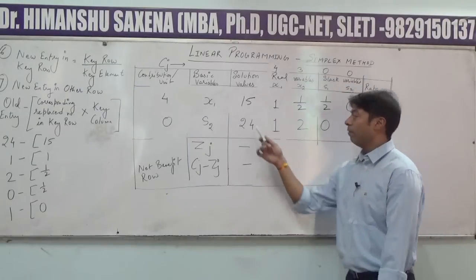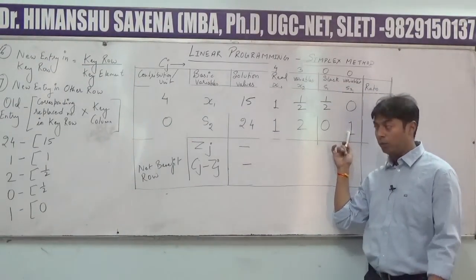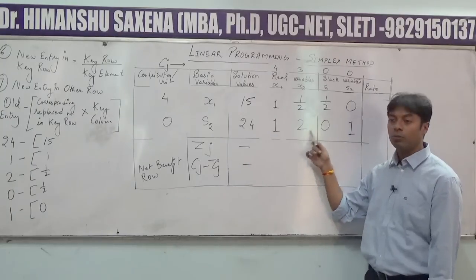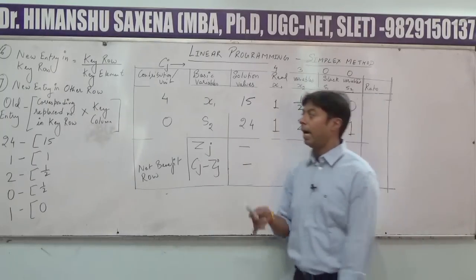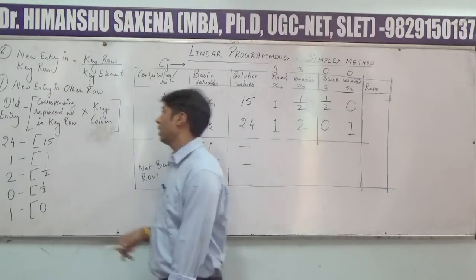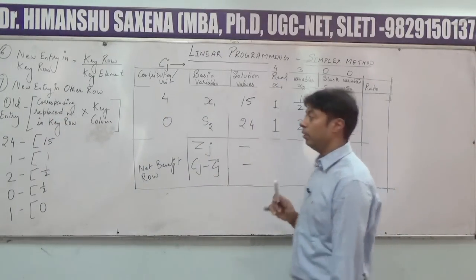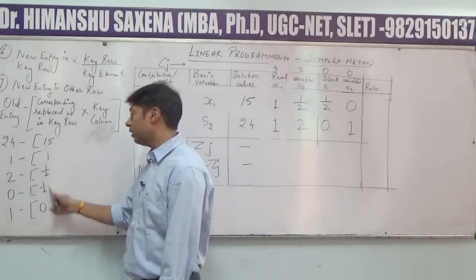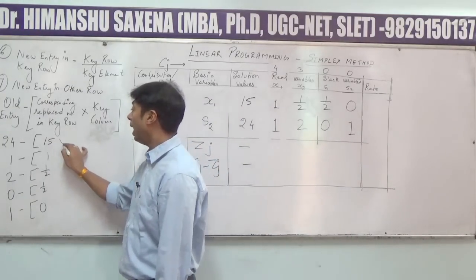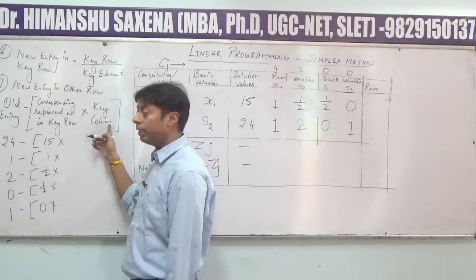Please see, we have placed all the values of the row which was not a key row, 24, 1, 2, 0, 1. After that, the formula says corresponding replaced number in key row. All the values which were replaced in the earlier key row, you are going to place in this formula, and now they will have to be multiplied by the element in the key column.